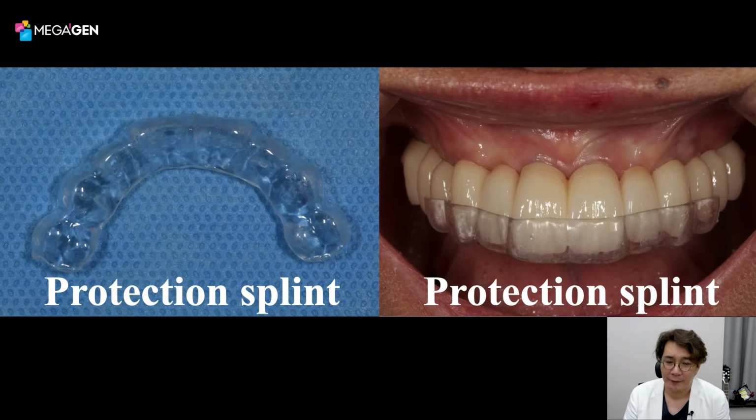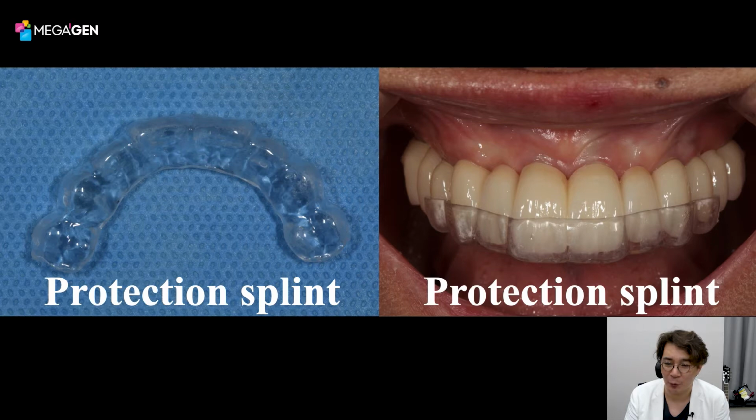I have used the monolithic zirconia crown for over 10 years. In my opinion, zirconia is a very tissue-friendly material, but it is too hard. Especially in a full mouth reconstruction case, there is no stress-breaking area.